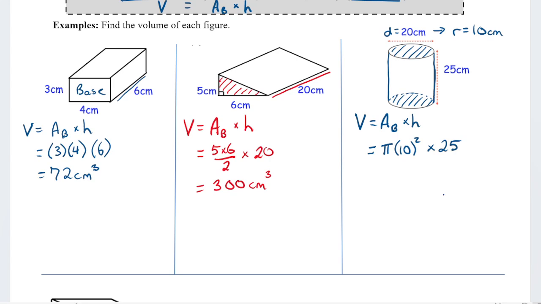Scientific calculator. Pi times 10 squared times 25 gets me 7,853.98, which if we round to one decimal place, it's the same as rounding to the nearest whole number.